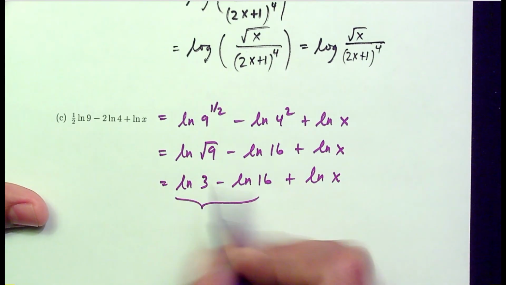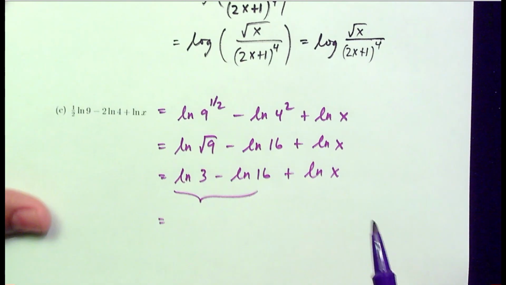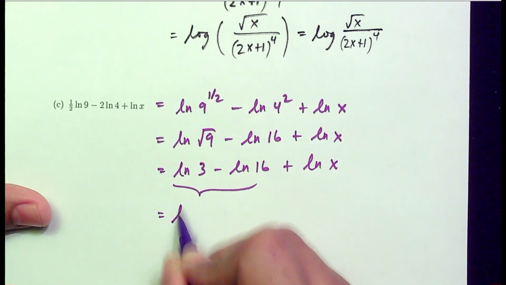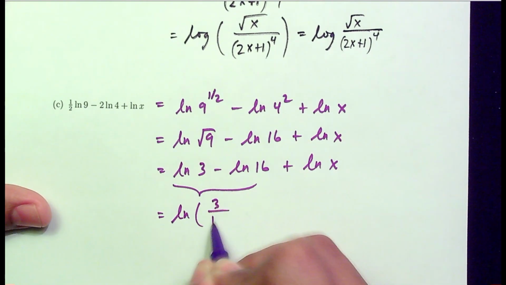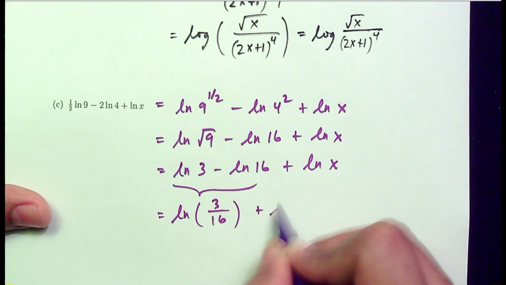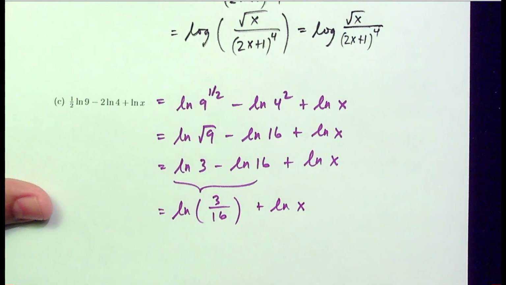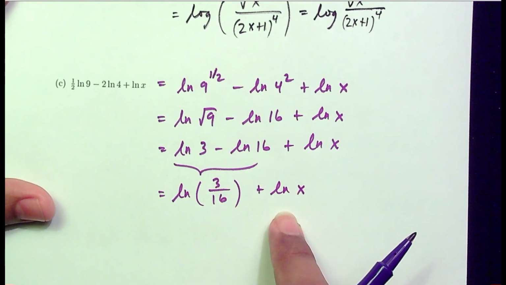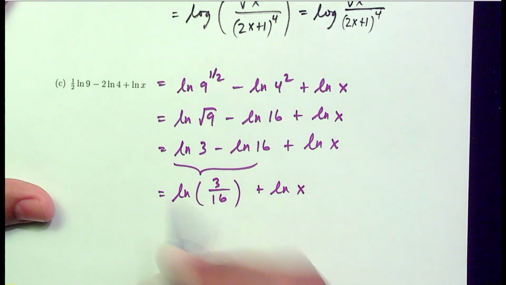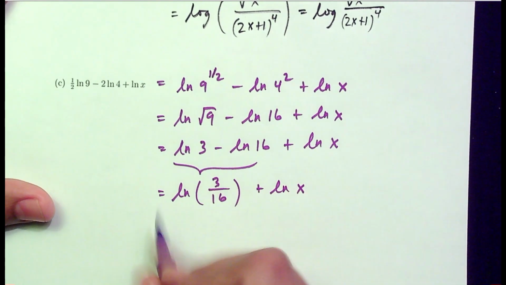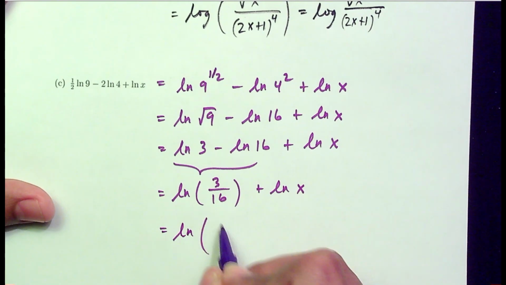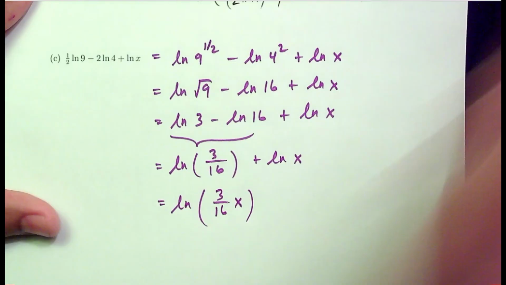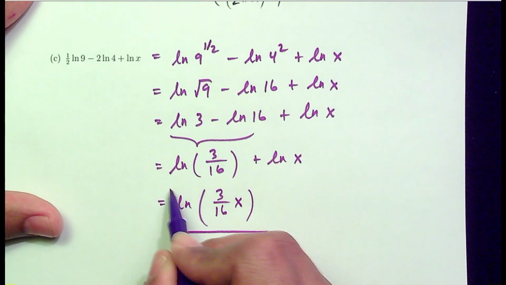Now taking the first two, that's the difference of logarithms. So it becomes the ln of the quotient. And lastly, a sum of logarithms becomes not a quotient but a product. So that means I can multiply that by that. So this is the same as ln of (3 over 16) times x. So you could report the answer like this.